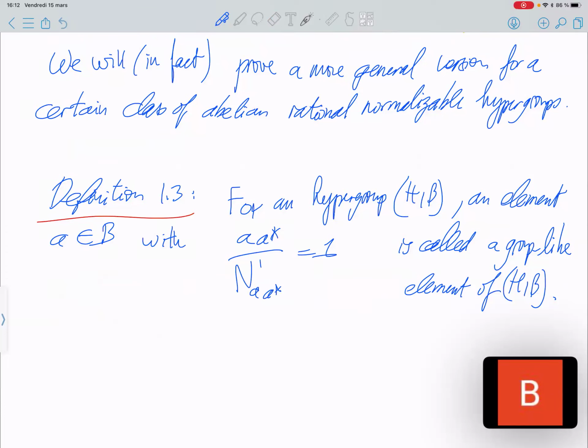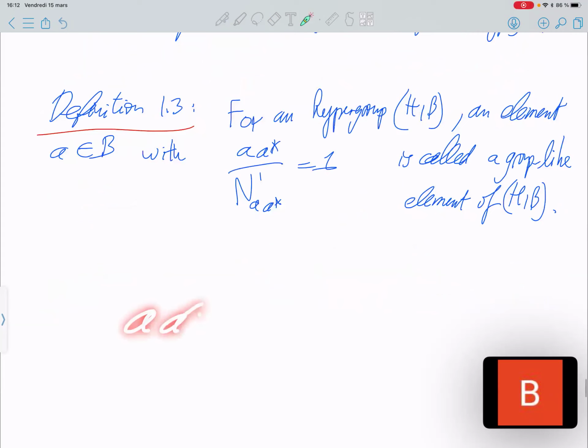In general, A star is the sum over C in B of n A star C, C. If you consider the component when C equals 1, we want the coefficient to be 1 when you normalize, but we also want nothing else.